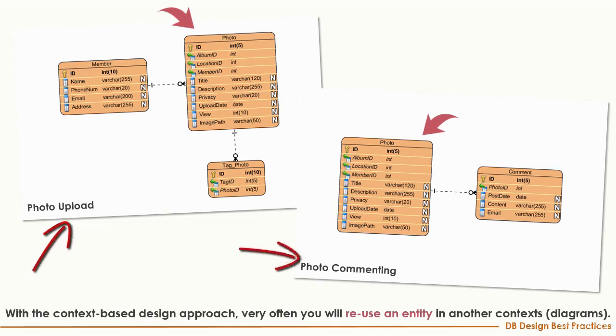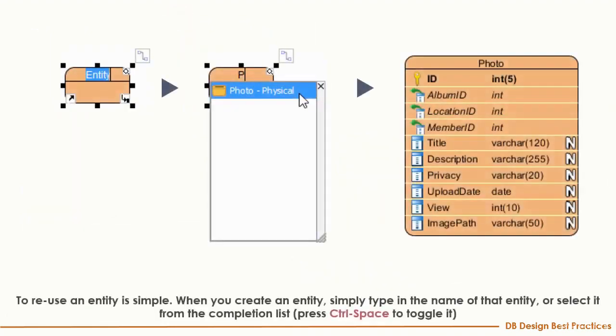In this example, we reuse the photo table in the photo upload ERD and photo commenting ERD. When you update the photo table in either diagram, it will reflect the change in the other. You don't need to spend your time to keep it up to date and consistent. To reuse the entity is very simple.